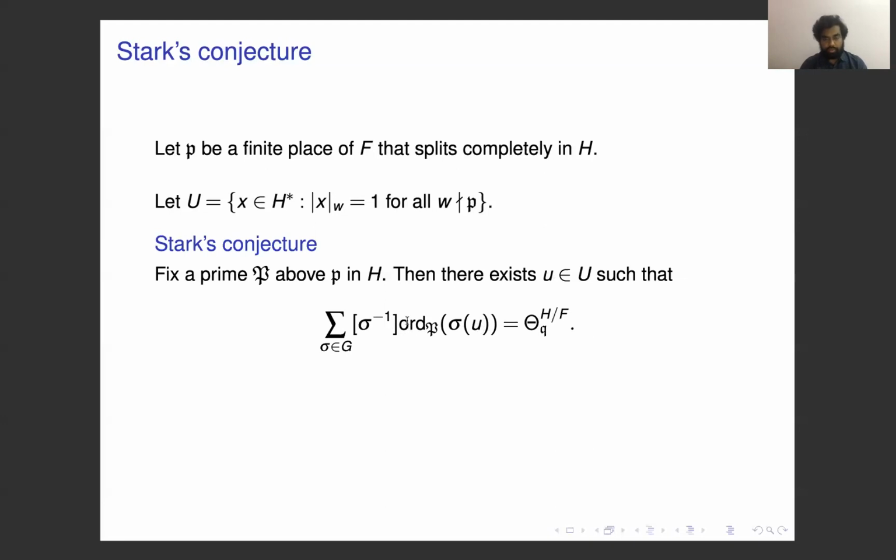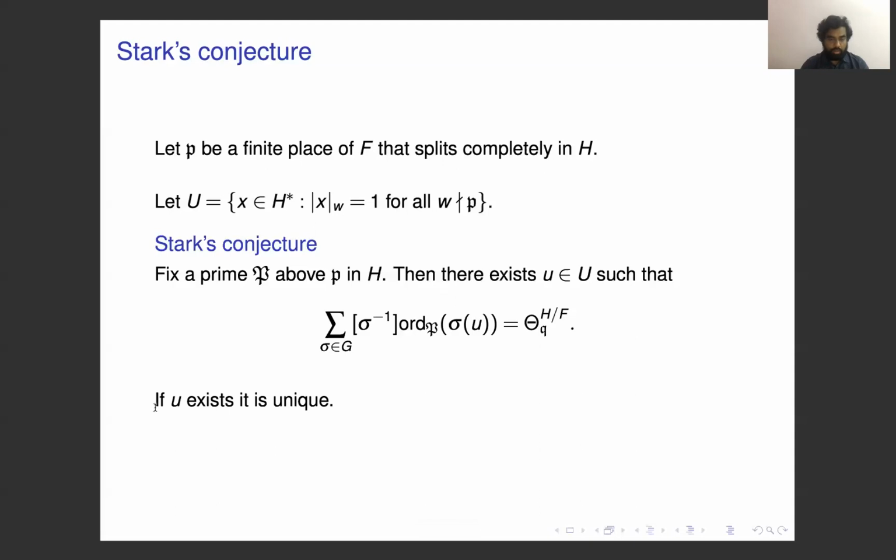If I put ord_P of sigma U as the coefficient in front of sigma inverse, I get my Stickelberger element. So this conjecture gives a very nice formula for ord_P of sigma U in terms of the partial zeta functions, which I'm not going to introduce today, or you can think of it as giving a formula in terms of L values. So that's Stark's conjecture in this setting.